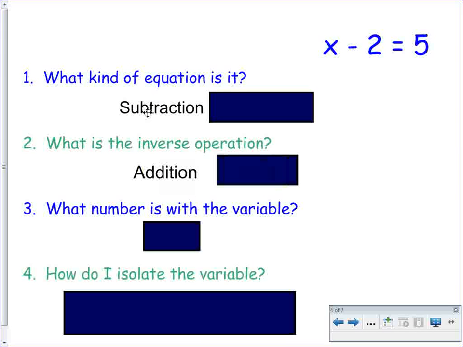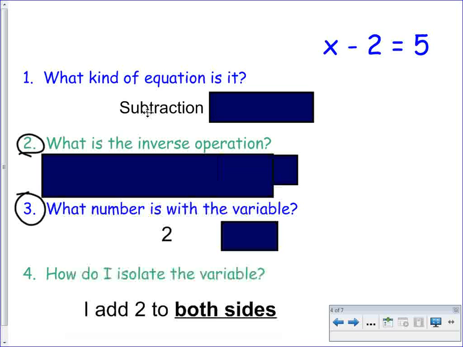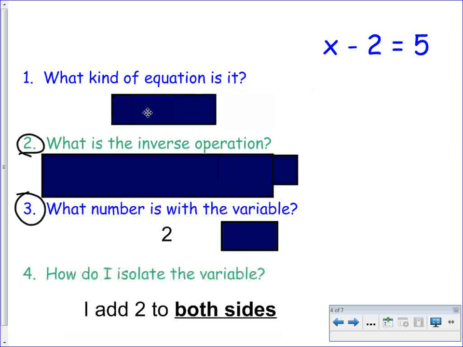And we know that the number with the variable, or on the same side as the variable, is 2. So how do we isolate the variable? We're going to take the answer from number 2 and the answer from number 3 and put it in that sentence. So, how do I isolate the variable? Well, I add 2 to both sides. Remember that starred comment? Whatever you do to one side of the equation, you must do to both sides.